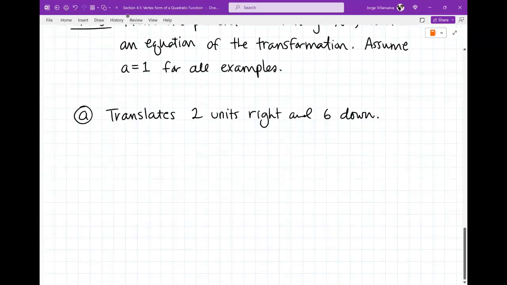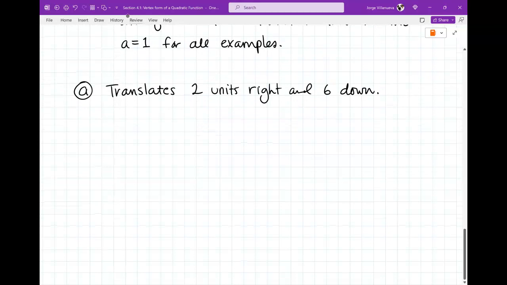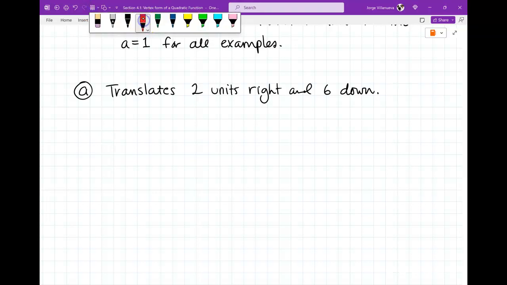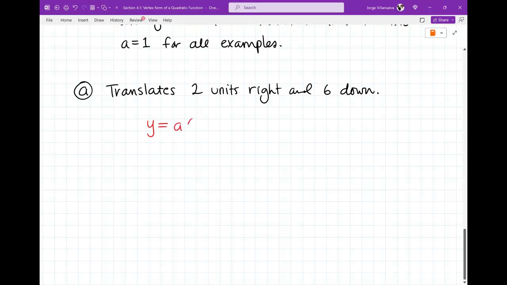Okay, that's the first one. It translates 2 units right and 6 down. Remember, A is equal to 1. So I'm just going to write this out just for the sake of having it here. You don't have to do it if you don't want to. Remember, my habit as I got older and was in college was to always write down the formulas that I'm using.